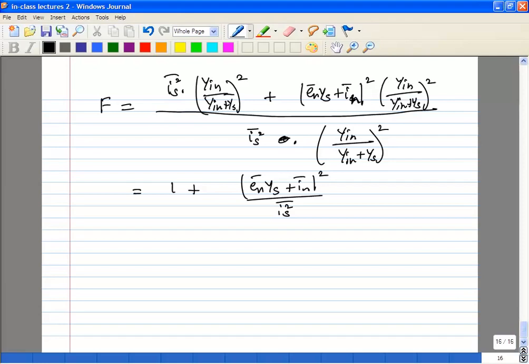Is that clear? Okay. So now what we are going to do is split In into two terms. We'll write it as Iu plus Ic. Iu is the portion of the current noise which is uncorrelated with En, and Ic is the portion which is completely correlated with En.